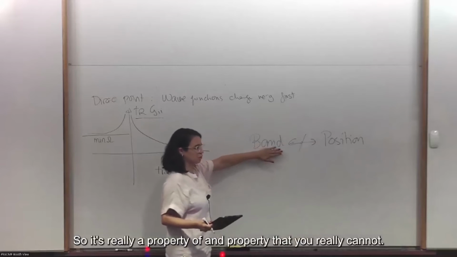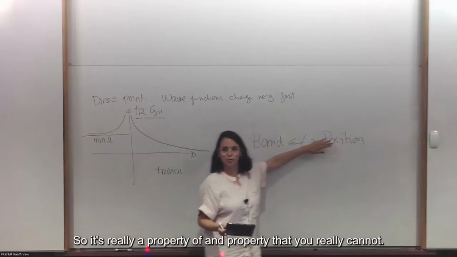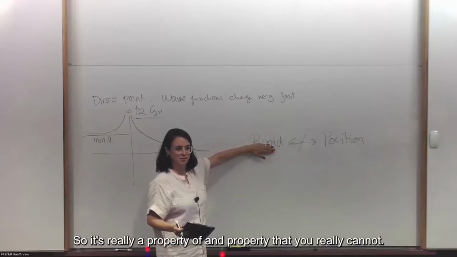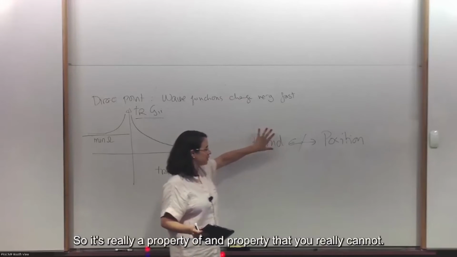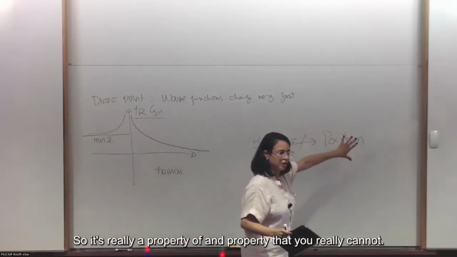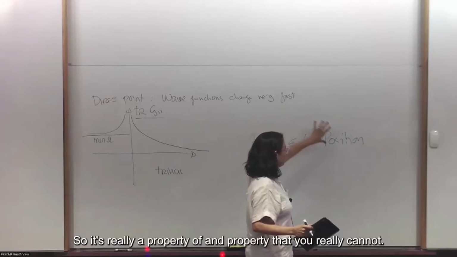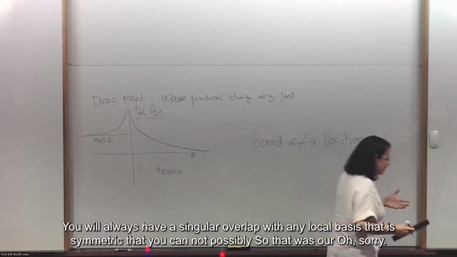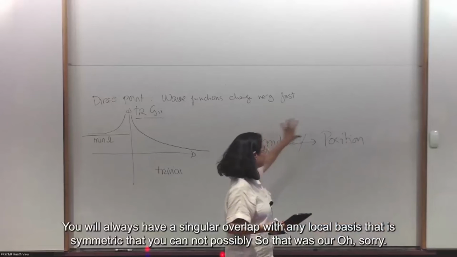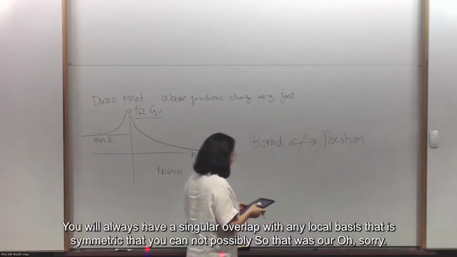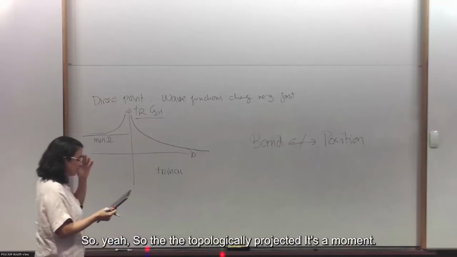If I know band, I don't know position. If I know position, I don't know band. It's almost like an uncertainty principle. So when we're talking about topology, we're basically making a statement about how position and band are really not possible to know at the same time.